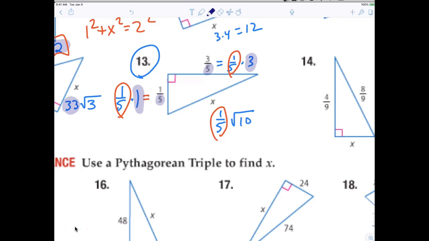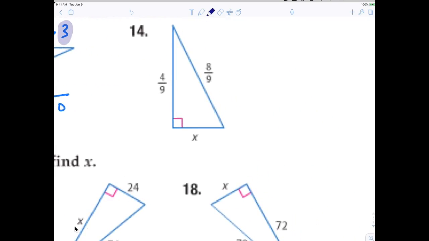All right, let's take a look at 14. So on number 14, I just recognized right off the bat, this is 4/9 times 1, and this is the same as 4/9 times 2.